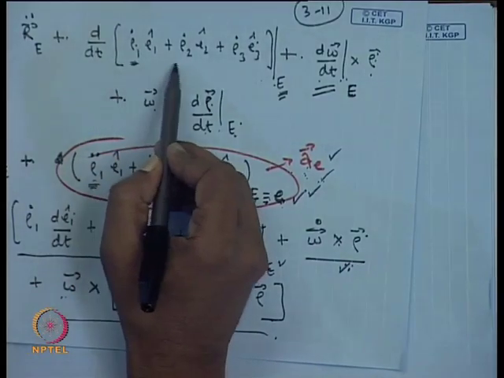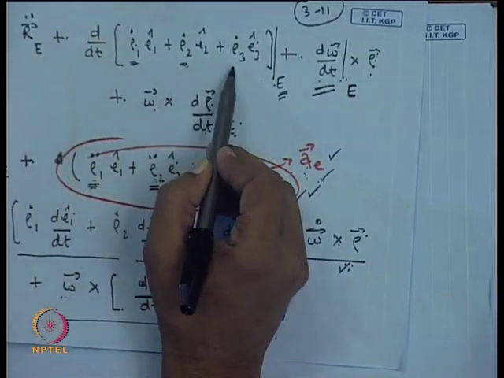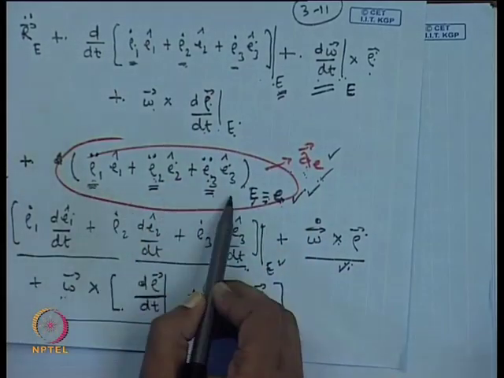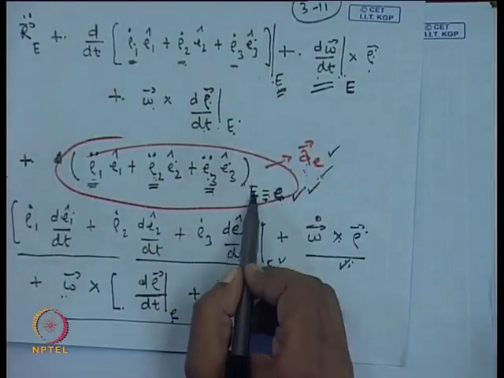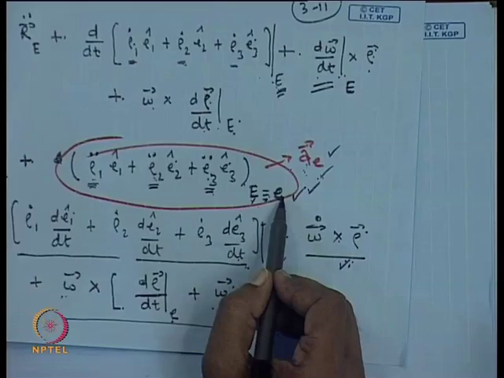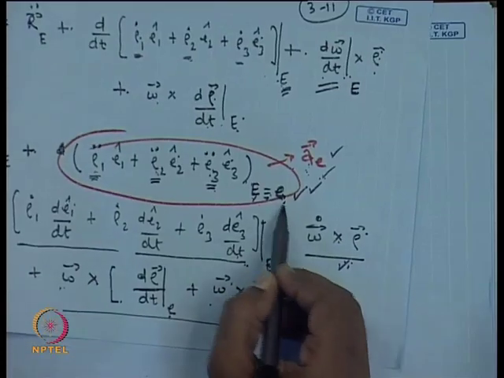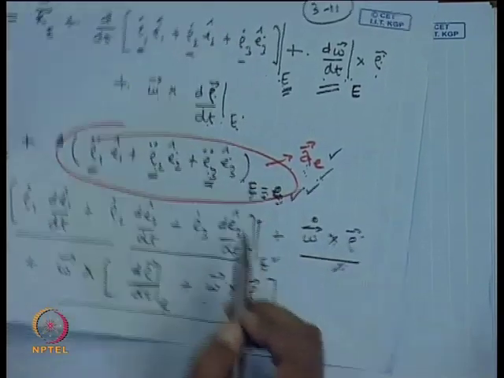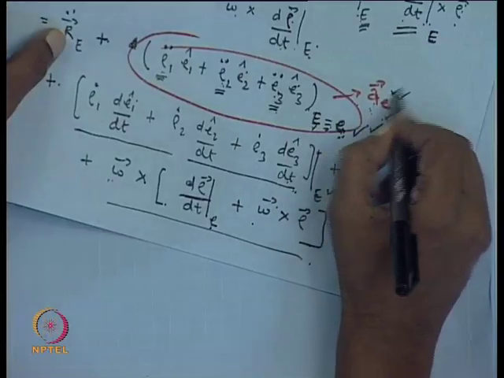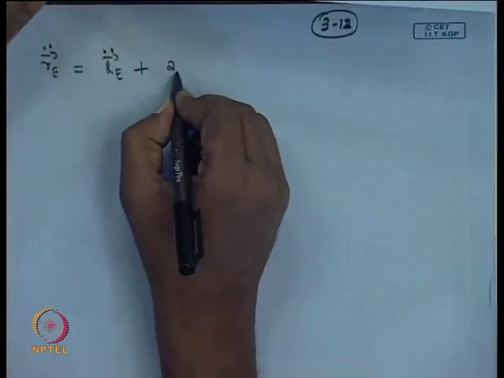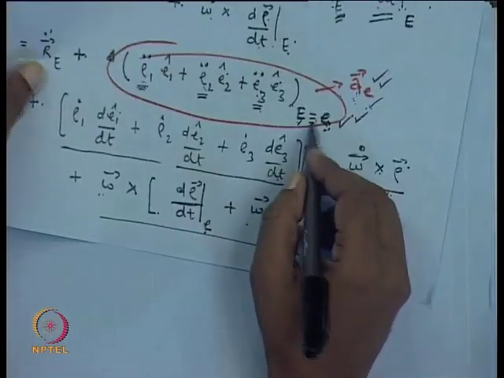So we are taking here the time derivative of rho 1 dot, rho 2 dot, rho 3 dot. Okay. So here the capital E notation, which is for the inertial reference frame, we replace by a small e to indicate this is with respect to the body reference frame, and therefore we will use A e for this. So we write here A e for this acceleration.